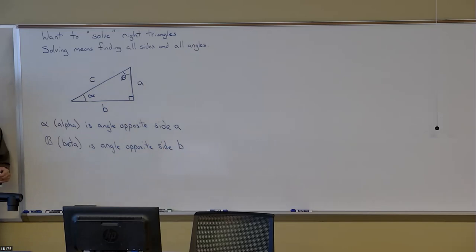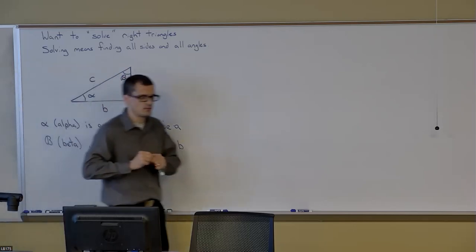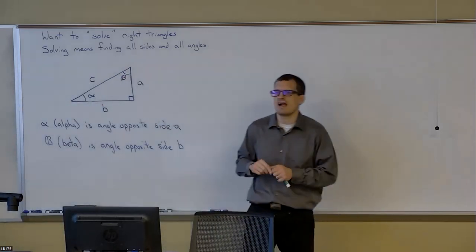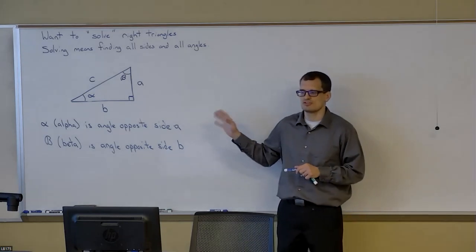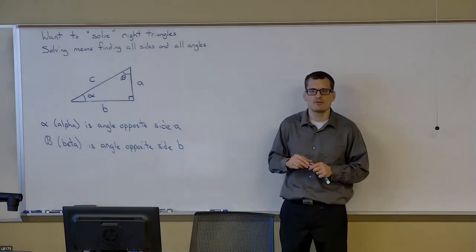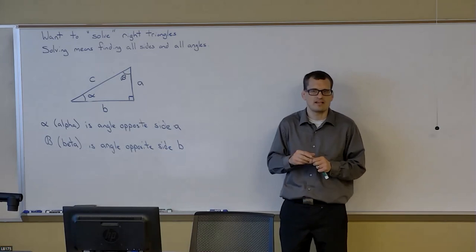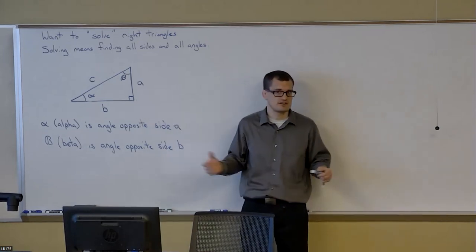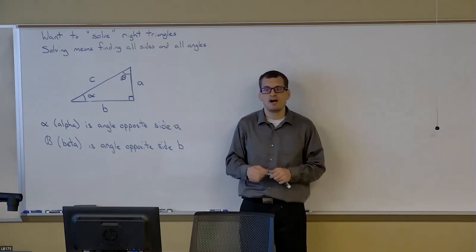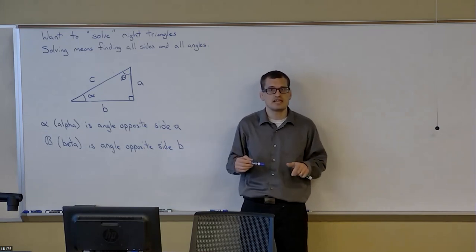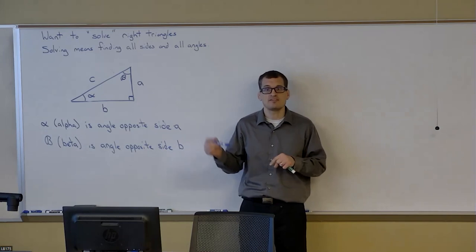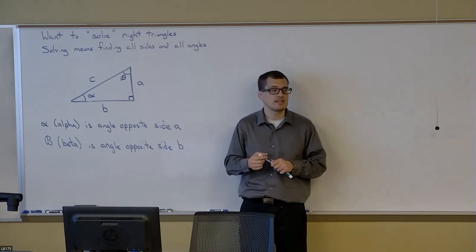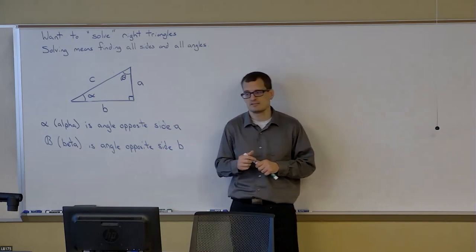By the way, the right angle, we don't have to give a label to, so generally we won't. I will ask you, hey, what's this angle measurement? Because we already know it's 90 degrees. But traditionally, the angle opposite of C is actually called gamma.